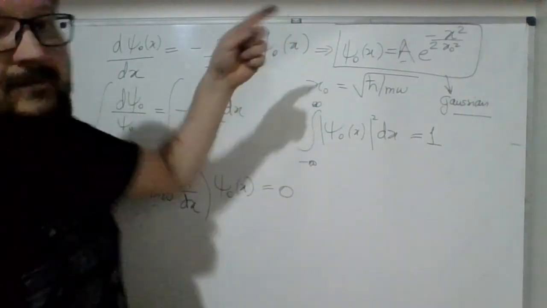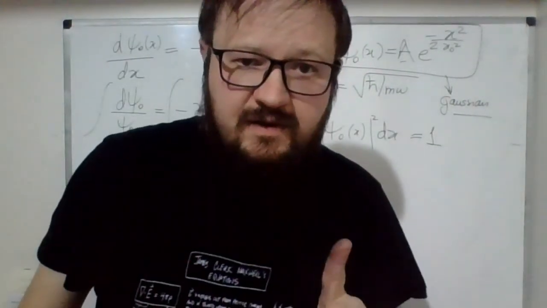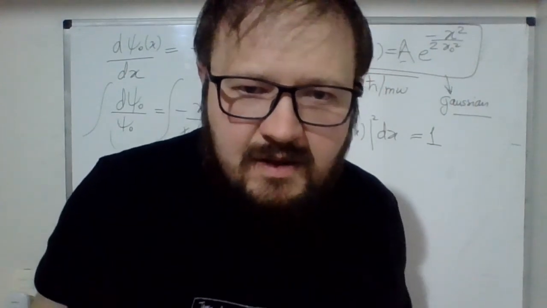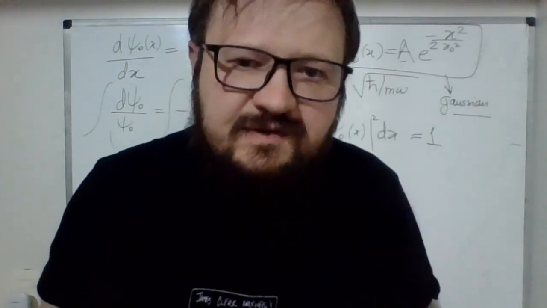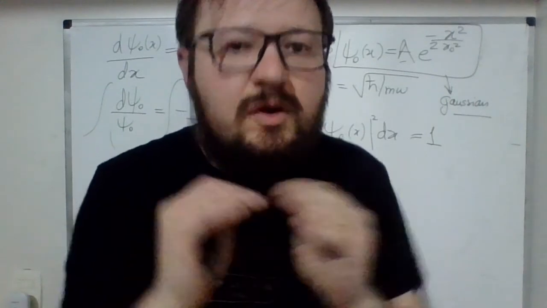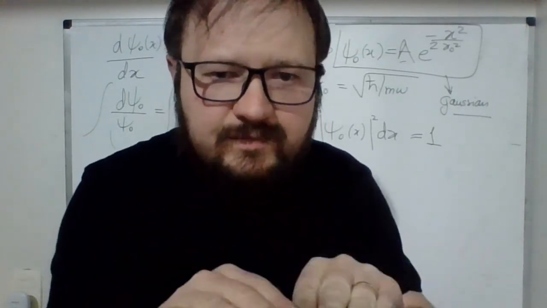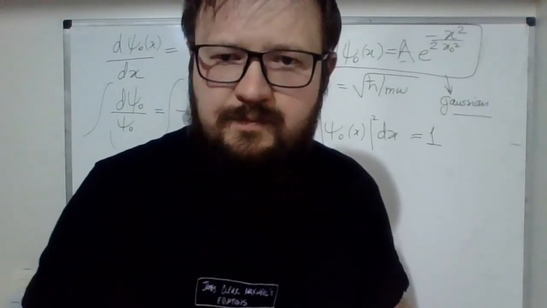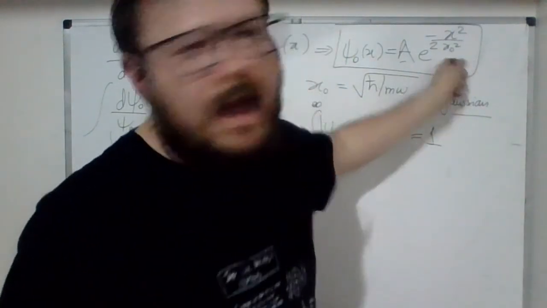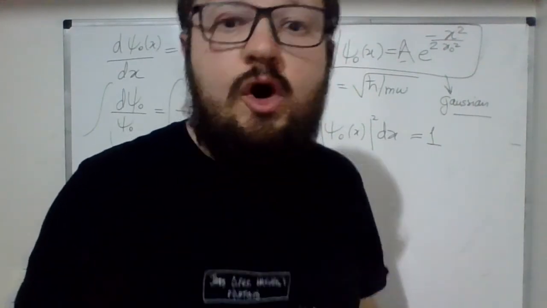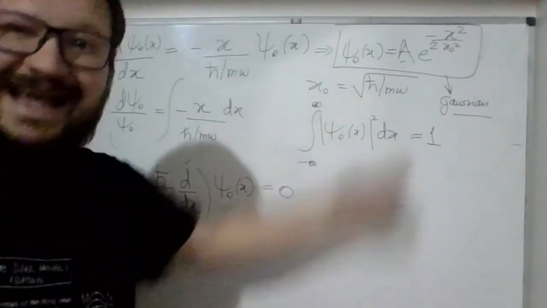But the fundamental state of a harmonic oscillator in quantum mechanics has a non-zero energy. It has a minimum energy, but it's non-zero, and it is described by a probability which is a normal distribution, or a Gaussian.